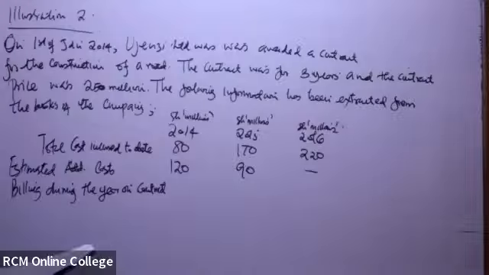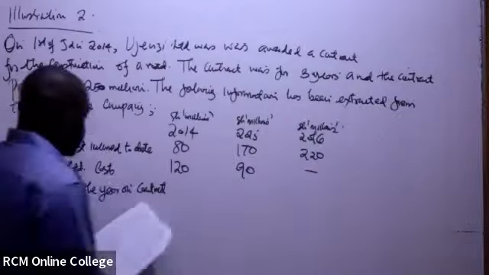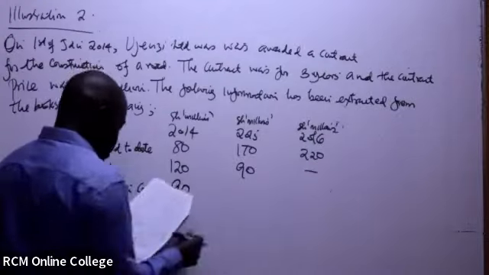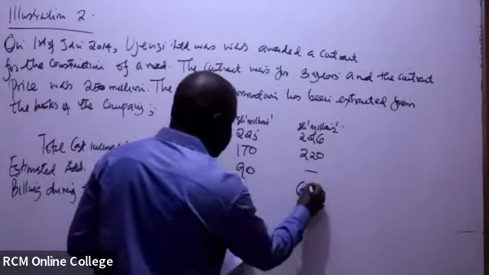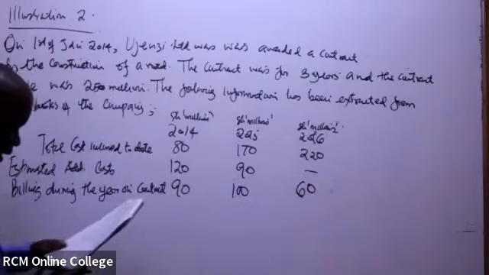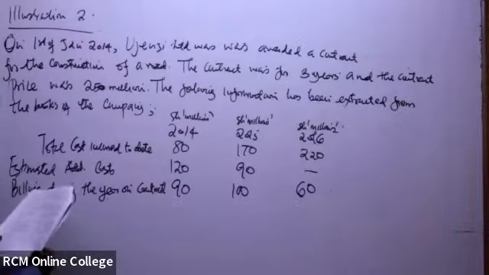Then you have billing during the year on the contract. So what was actually billed during the year: we have 90, 100, and 60. Then we have cash received on the contract in the year.